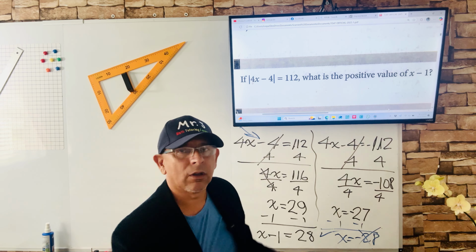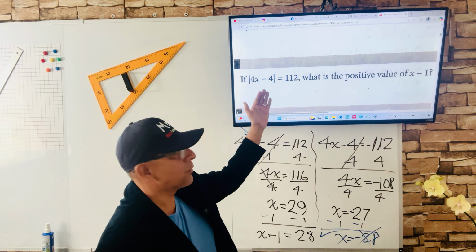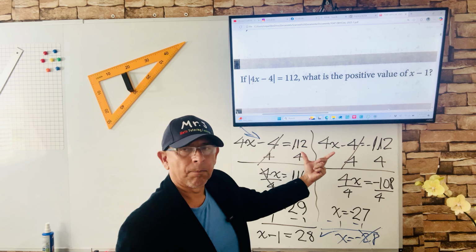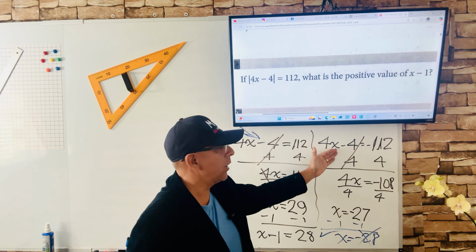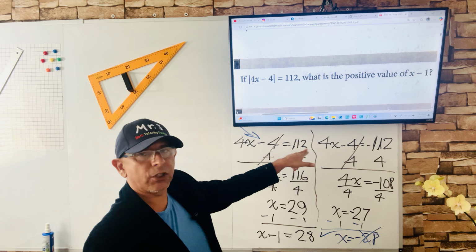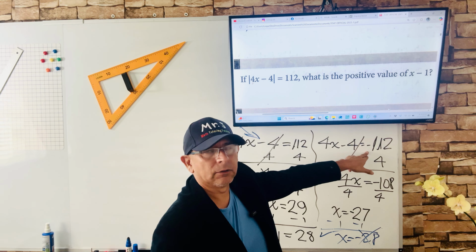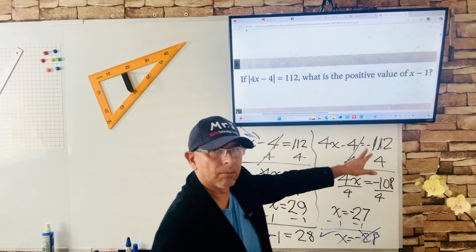As I said from the beginning, my absolute value equation gives me two options. That's why I have two equations, one with a positive number to the right and the other with a negative number to the right as well.